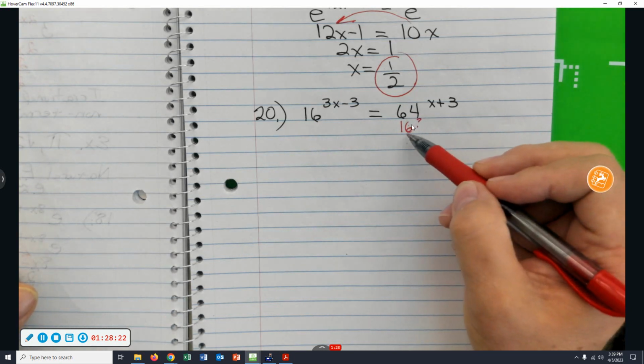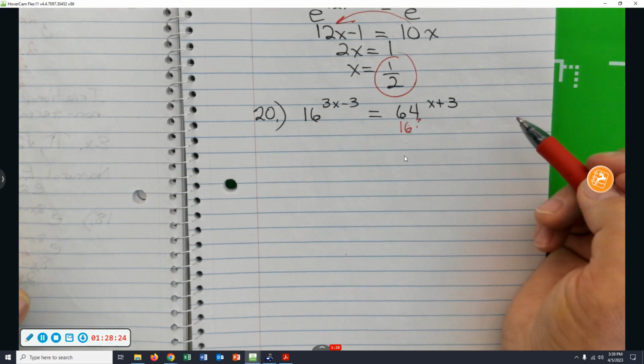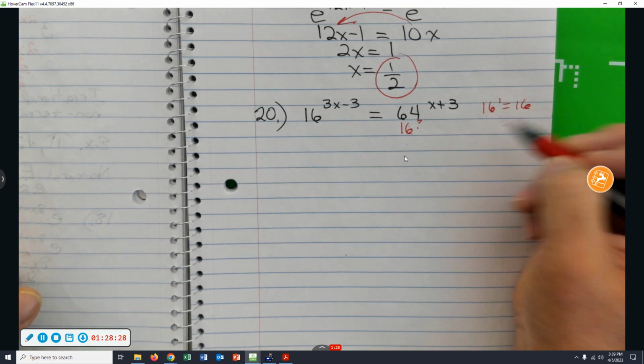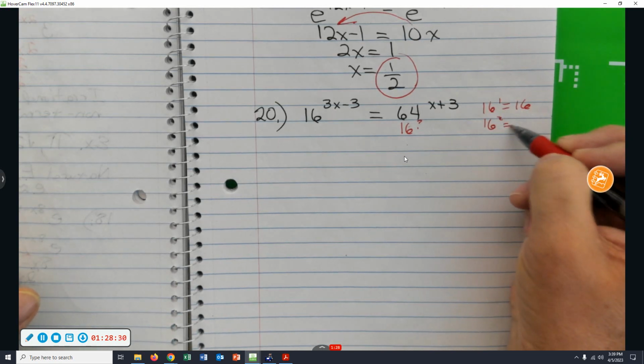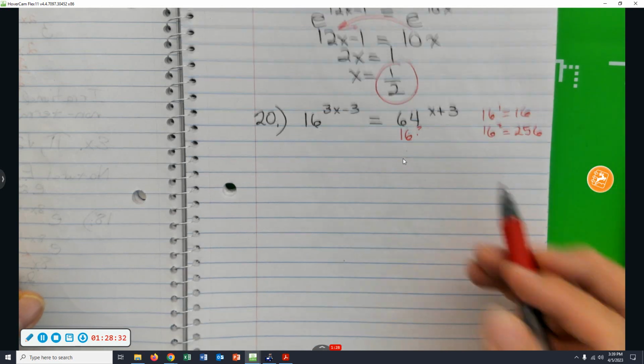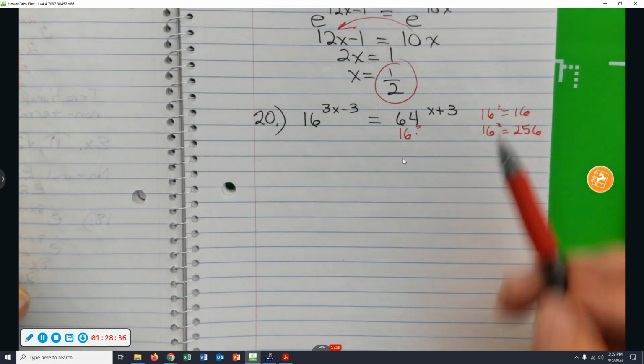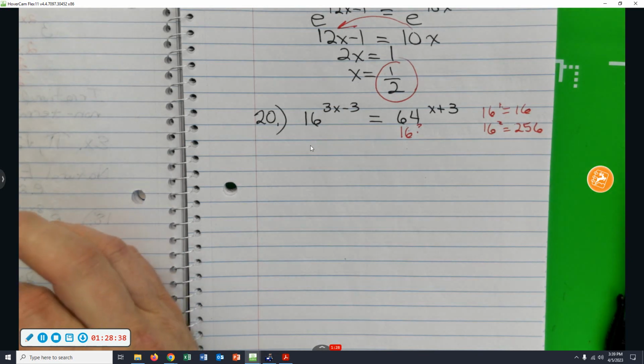You're saying 16 to what power gives you 64? You're already too big. It's something between 1 and 2, but we don't know what.